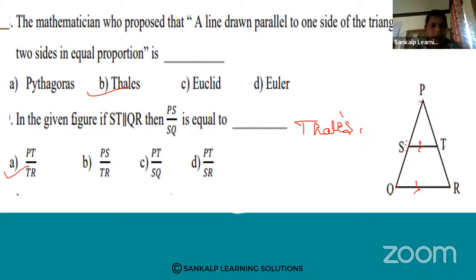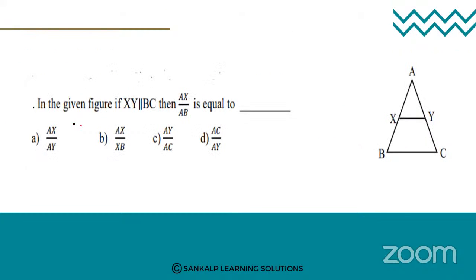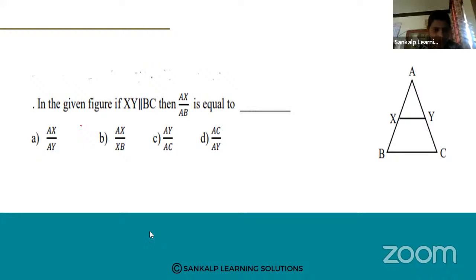Okay. Next. In the given figure, if XY is parallel to BC, where is XY? XY is here. This line is parallel to BC. Then AX divided by AB is equal to what? Observe carefully. This is one of the corollaries: AX divided by AB is equal to AY divided by AC.